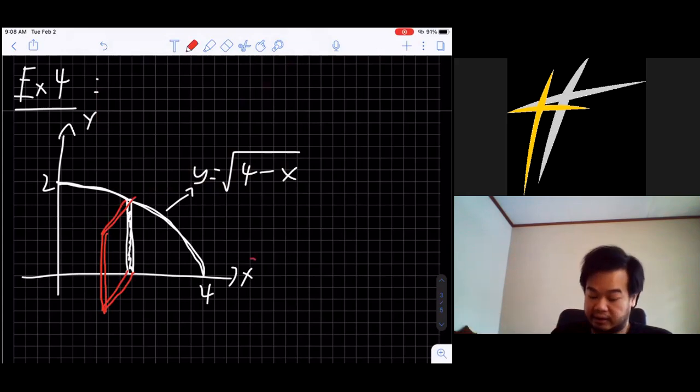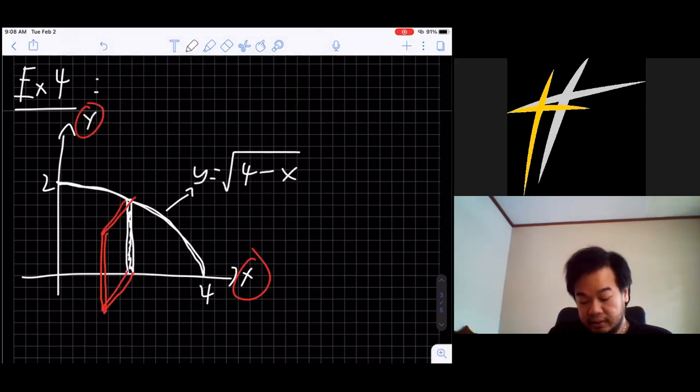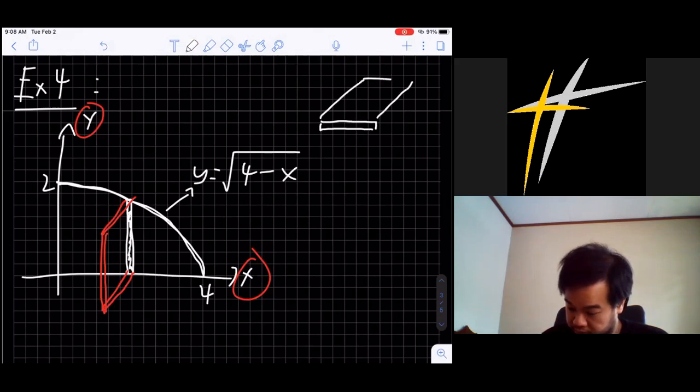If this is x and this is y, then it will create a square in the z direction. And what does the shape look like if I draw it? It's going to look like this, right? Because it's a square, the length of this side will be equal to the length of this side.